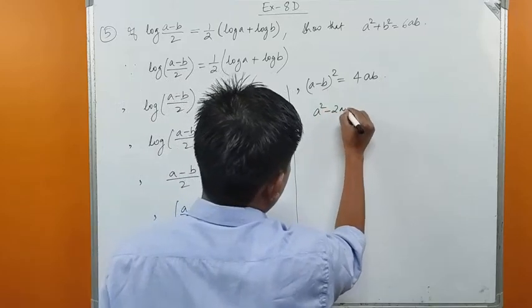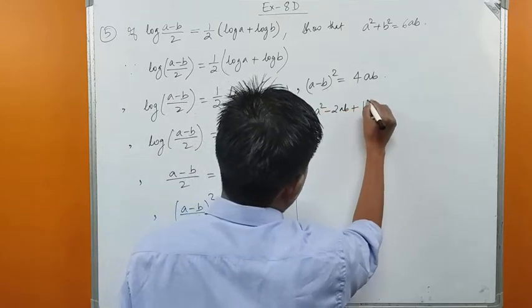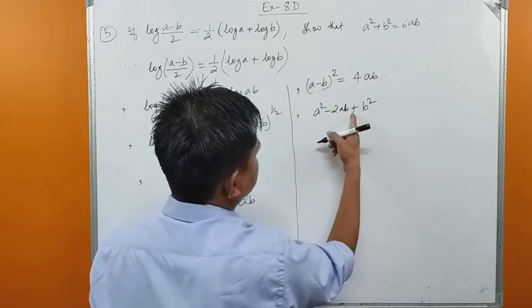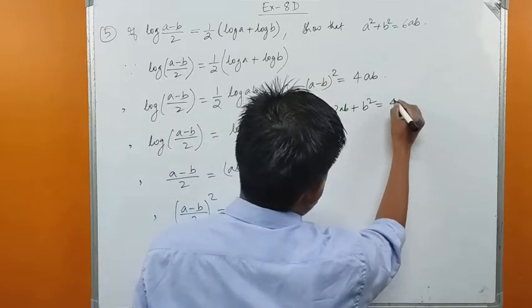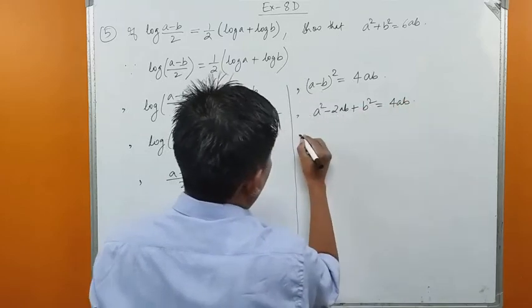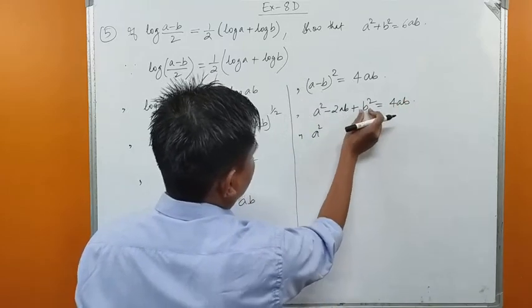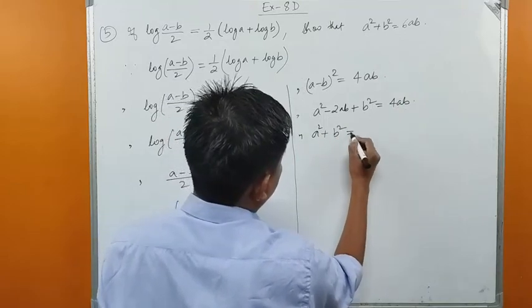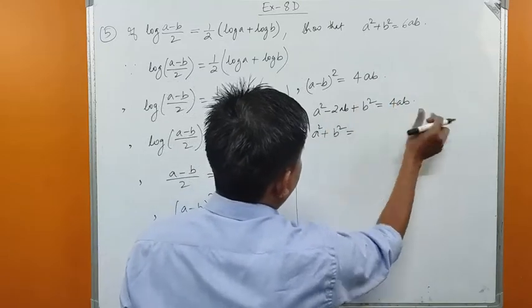Okay, so (a minus b) whole square means a square minus 2ab plus b square, equals 4ab. Or a square plus b square we keep in the left hand side; minus 2ab we take to the right hand side.